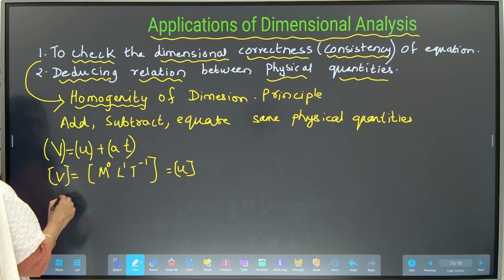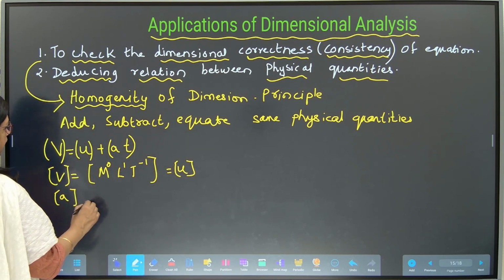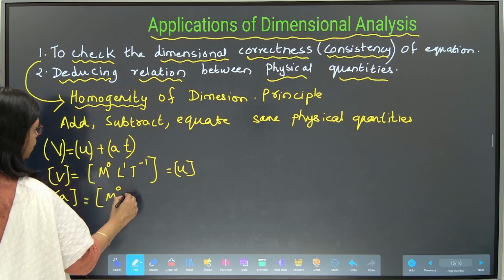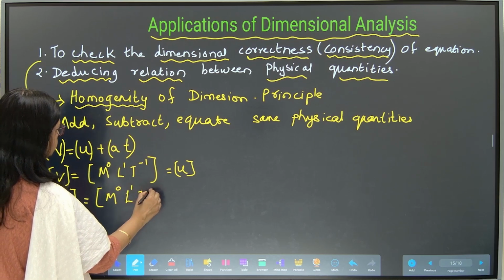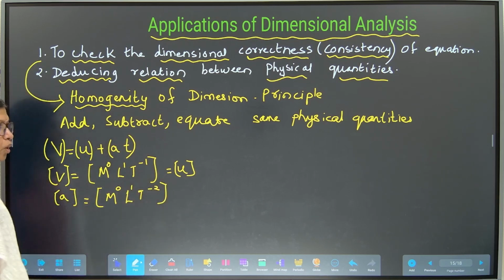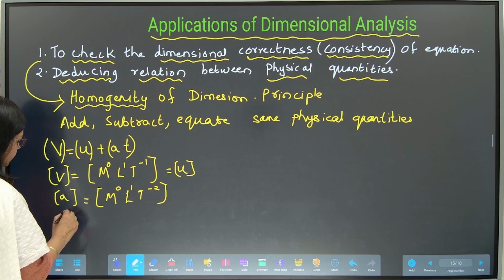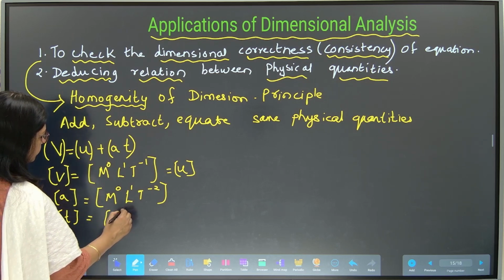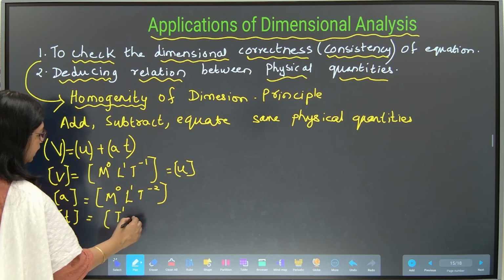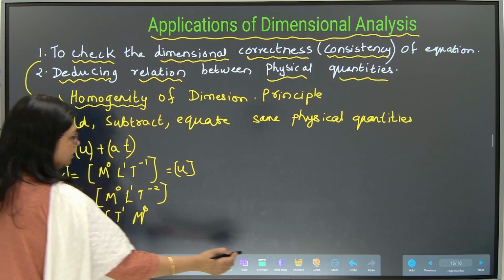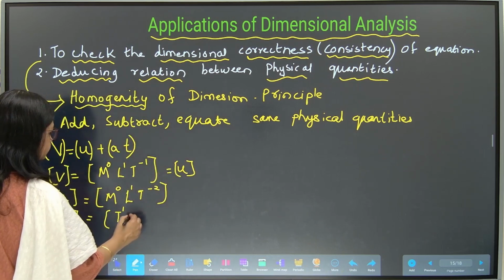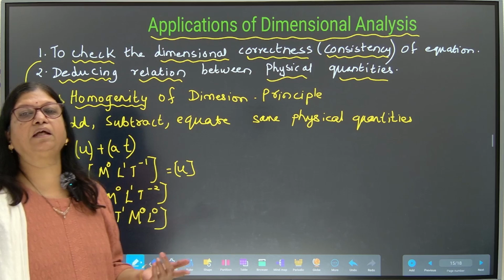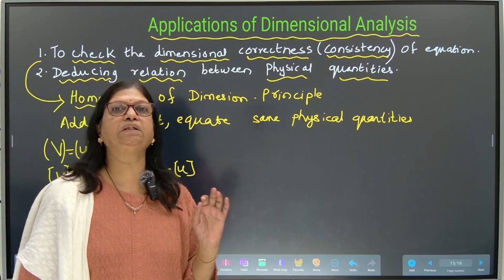What is the dimensional formula of a, acceleration? [M^0 L^1 T^-2]. Next, what is the dimensional formula of t? Capital T raised to 1. I can write [M^0 L^0 T^1], because M and L are not having any dimension in time.